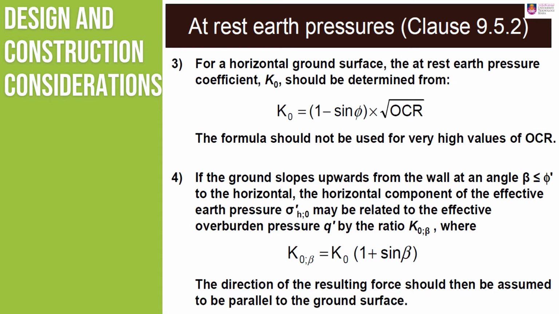For the next condition, a horizontal ground surface, the at-rest earth pressure coefficient K0 should be determined from this formula. The formula should not be used for very high values of over-consolidation ratio.